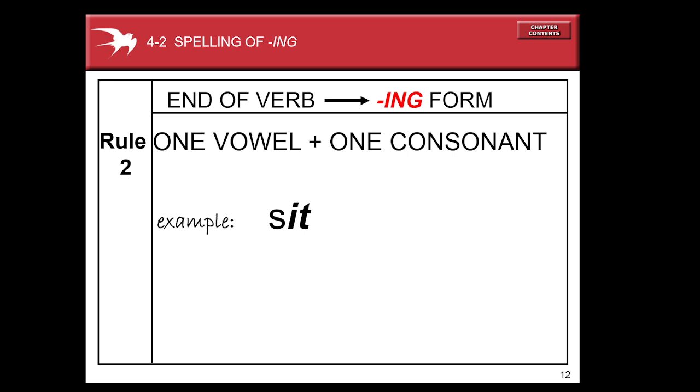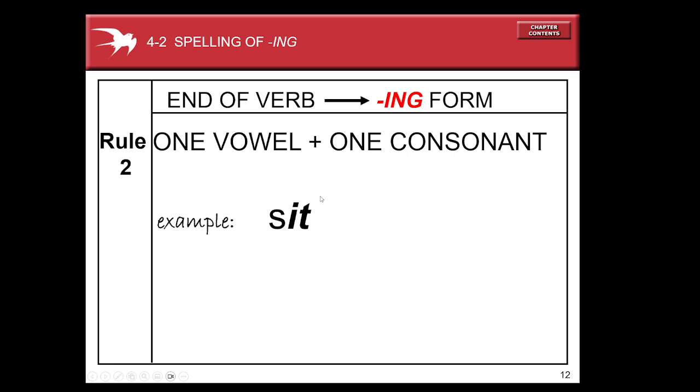In rule number 2, we need to focus on the verb, for example, one vowel, one consonant. So what does that mean? One vowel, this is the vowel, and one consonant. Vowel means vocal in Spanish, whilst one consonant is the letter T. So we have I and the letter T. Vowel, consonant.